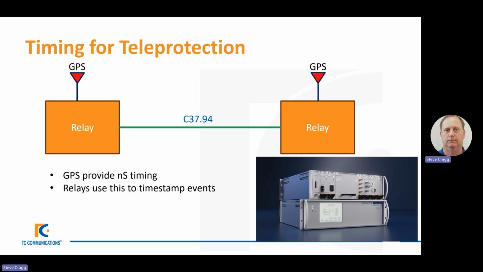It is used to ensure that the real-time clocks in both relays stay very, very accurate. If you don't use such an accurate standard, what happens is over time it drifts, similarly to the way that a clock that you may have on your wall will perhaps run a little bit fast or a little bit slow over a period of time versus the clock in your cell phone, which is continuously being updated by the cellular network.